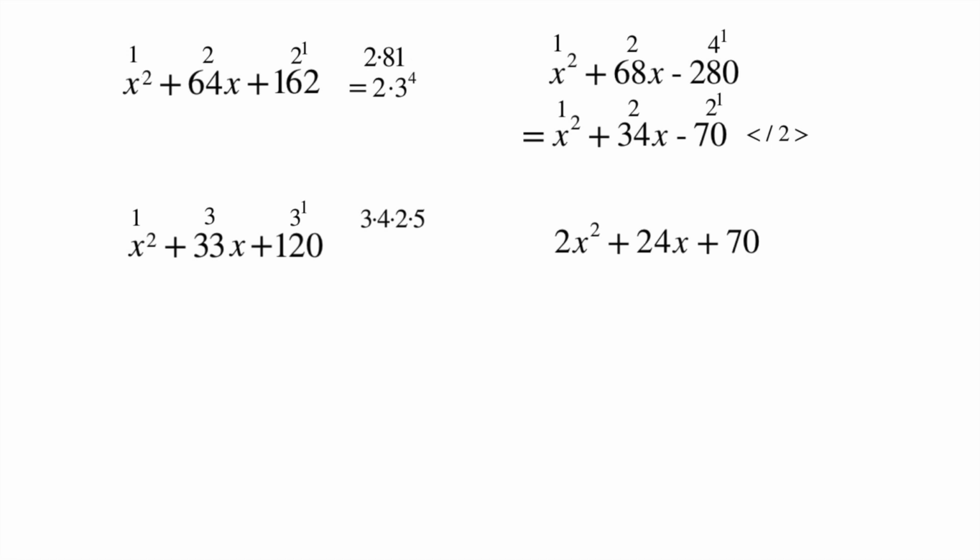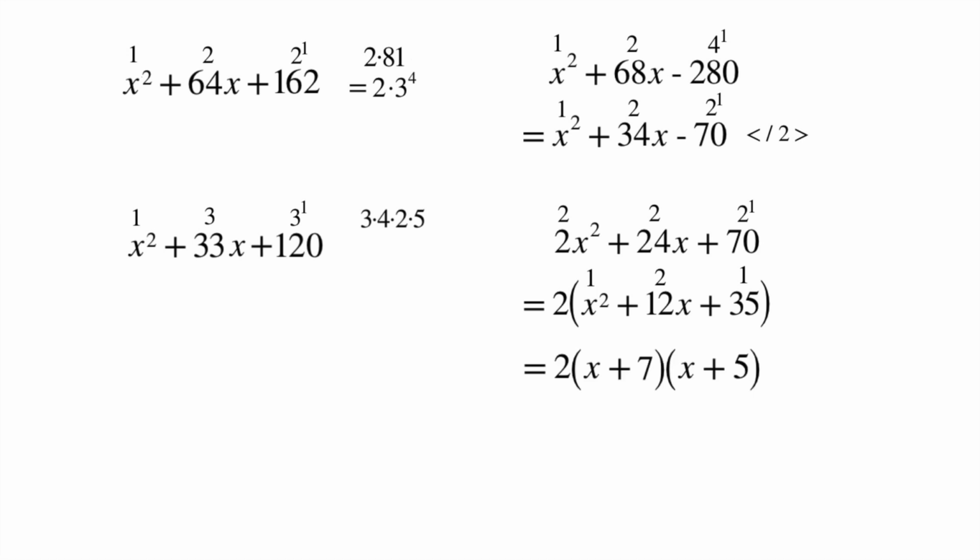How about this? Not yet. It has common factor 2. Is 1 2 1 the end? Not yet. The sum of two odd numbers is even.